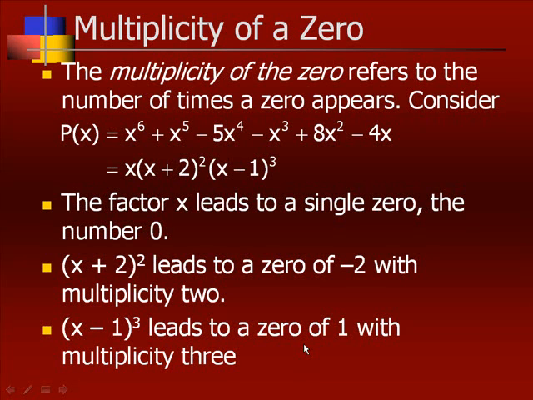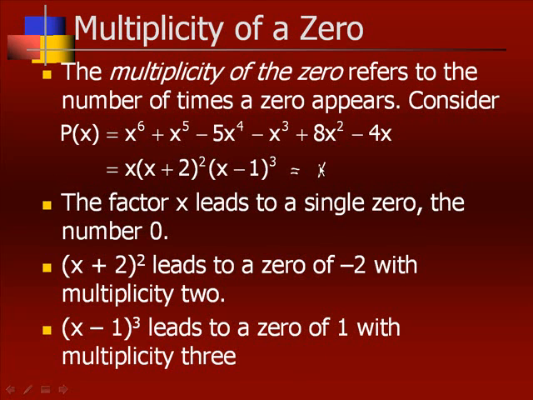Now the factor x leads to a single zero, the number 0. The x plus 2 squared leads to a zero of negative 2 with a multiplicity of 2. And the x minus 1 to the 3rd leads to a zero of 1 with a multiplicity of 3.